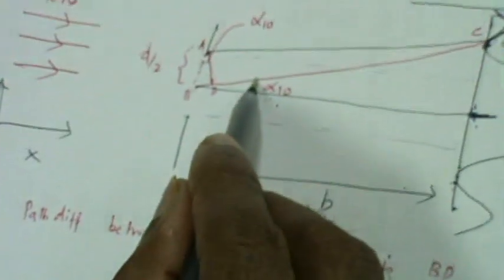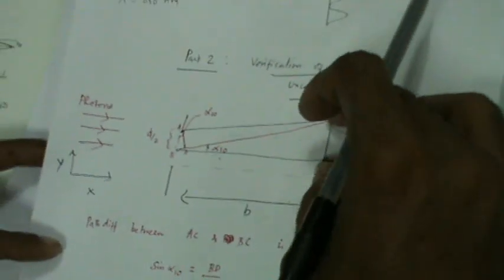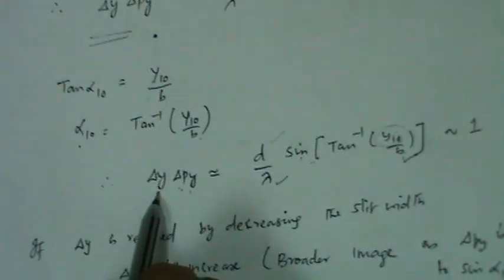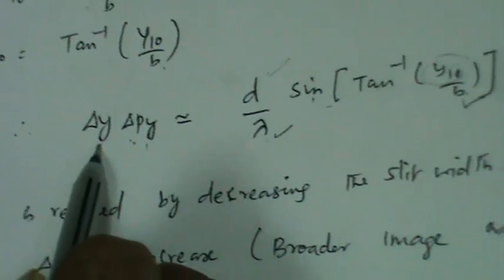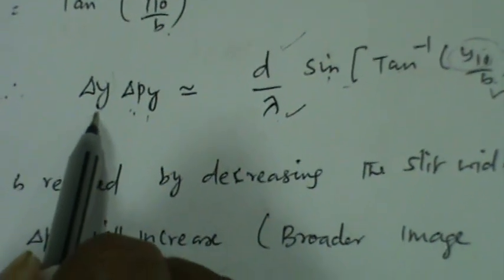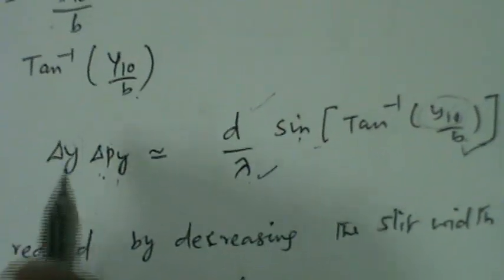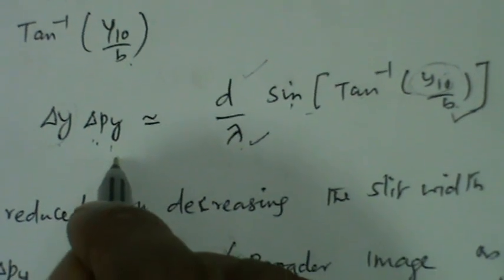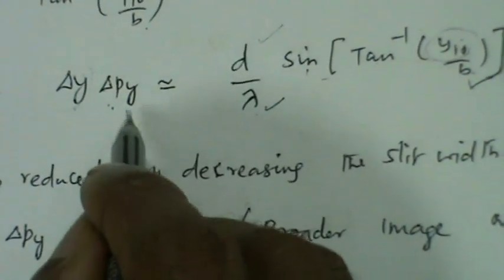If delta py increases, alpha 1 0 will also increase, which means the pattern will be more broad. So if you decrease the slit width with the aim of reducing uncertainty in position in the y direction, then we eventually see a broad diffraction pattern.